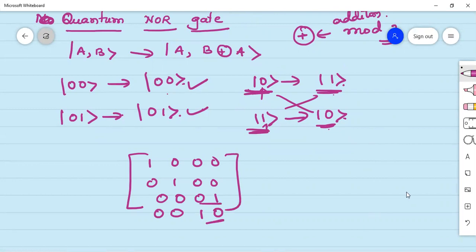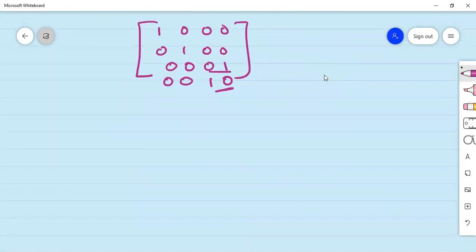Now we have understood what we mean by qubit states, and we have also learned how to design the quantum gates. So we can define a quantum computer now. What is a quantum computer?